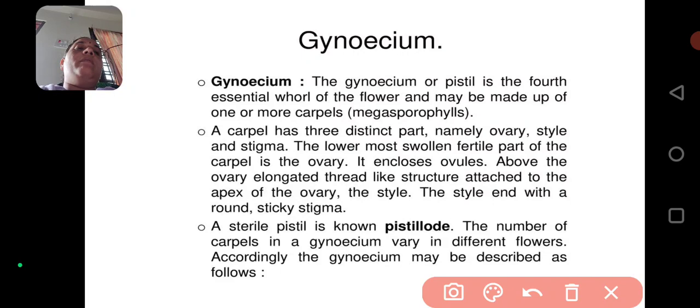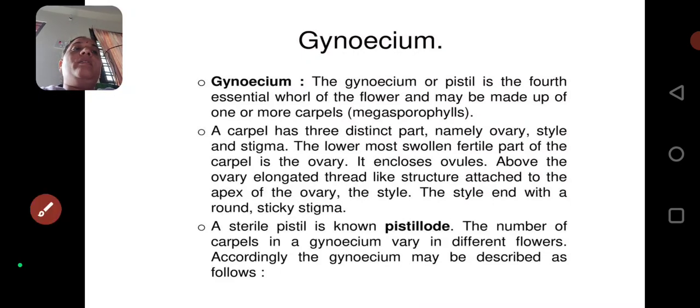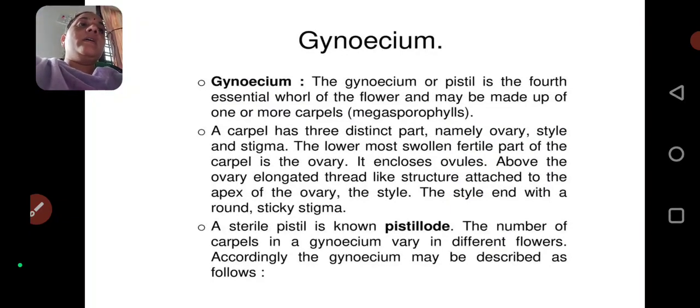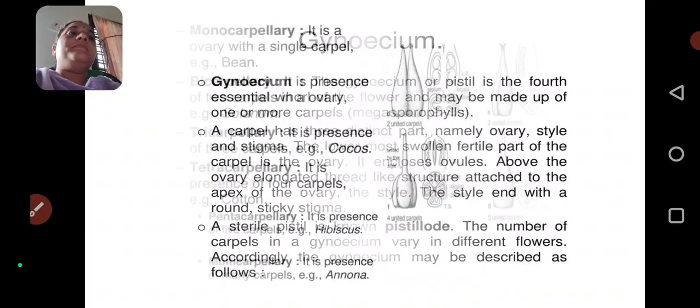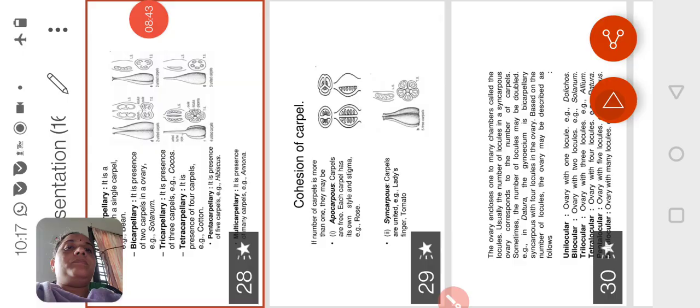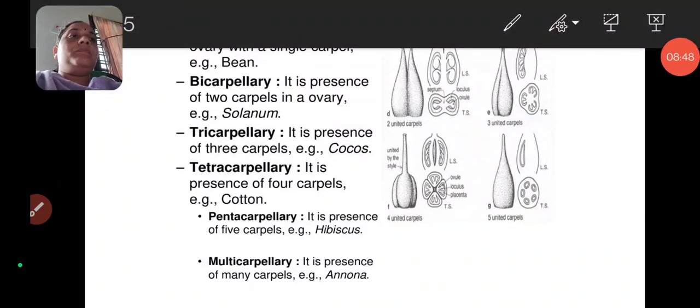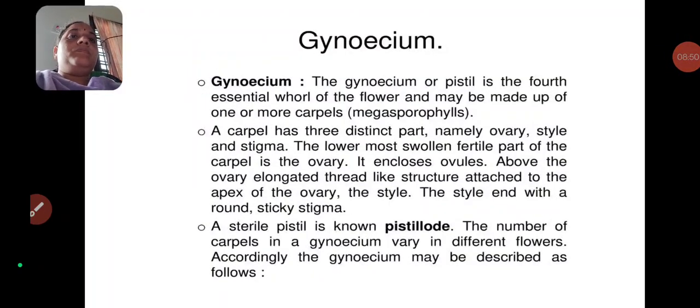So we had completed the topic stamens, and then we will go to the next topic, which is a very important topic: gynoecium.